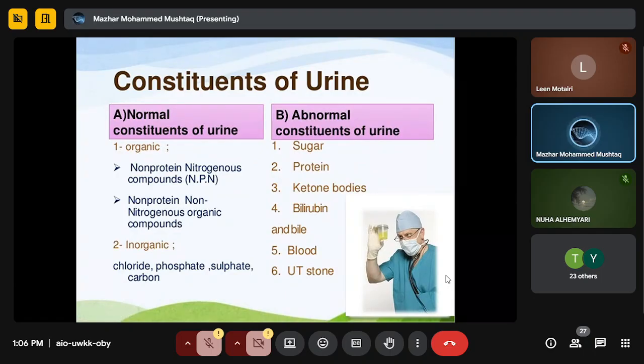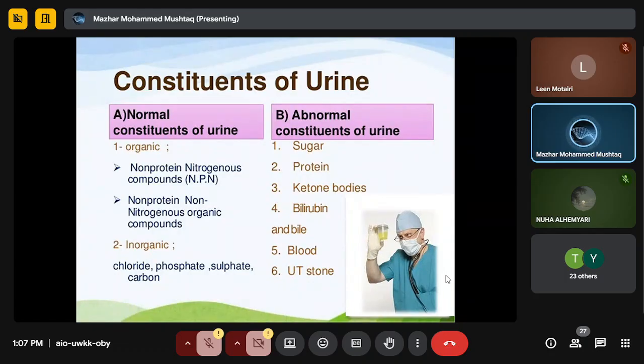The constituents, normal and abnormal, we divided into nitrogenous and non-nitrogenous, and we have some inorganic parts also. The abnormal constituents are glucose, protein, ketone bodies, bilirubin and bile, blood and urinary tract stones; all these are abnormal if present.